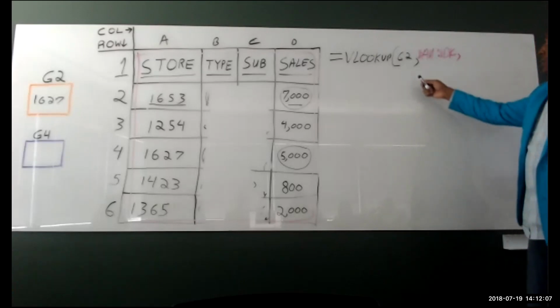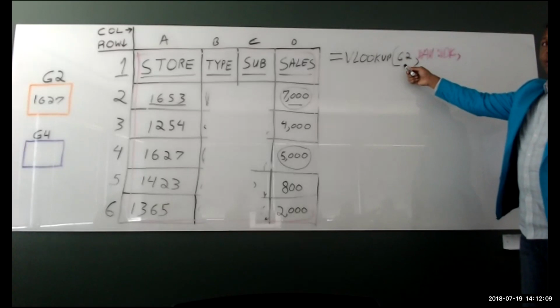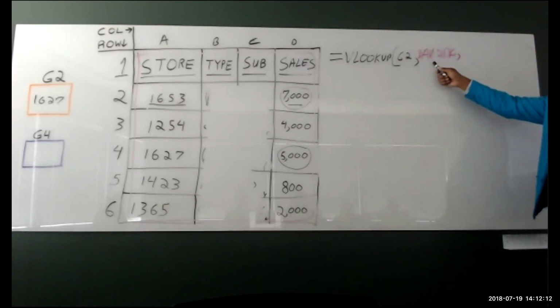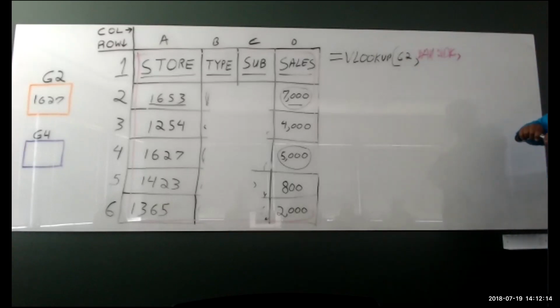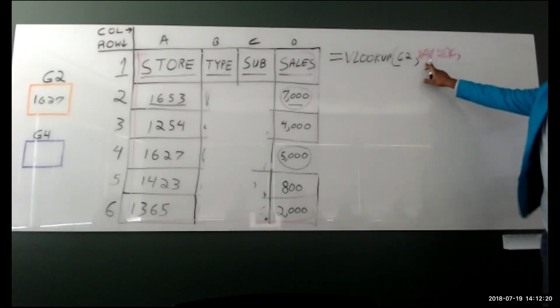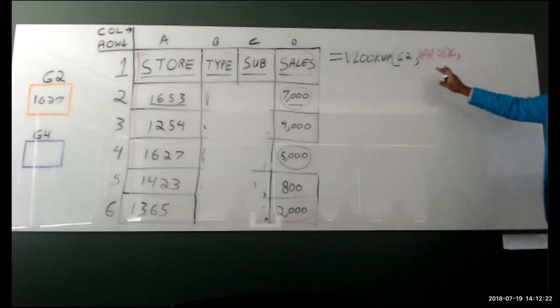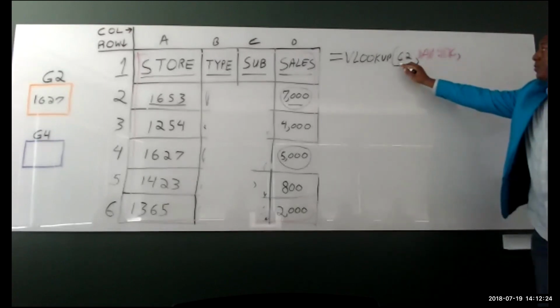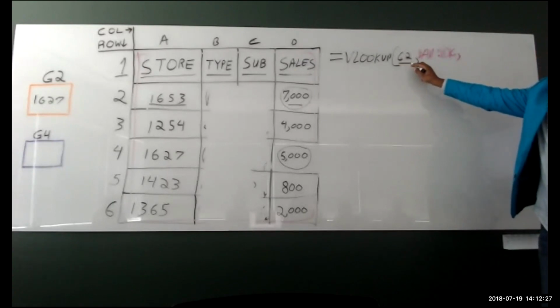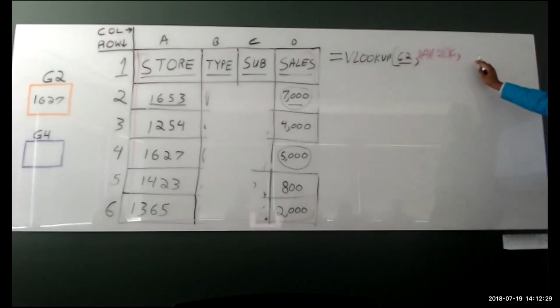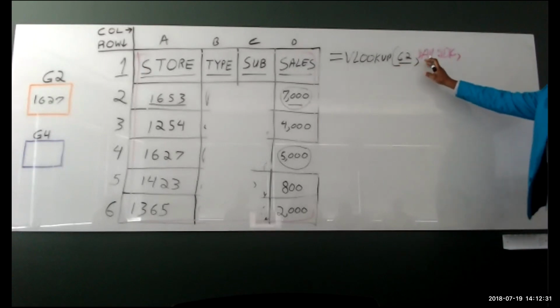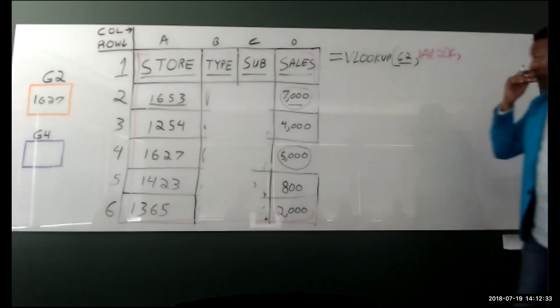Now, you told it what to look for, you told it where to find it. Then you have to tell it, okay, what do you want me to return? In what column? So inside of this box, what column correlates to where I find it? Okay? How many columns away from the lookup column is it?